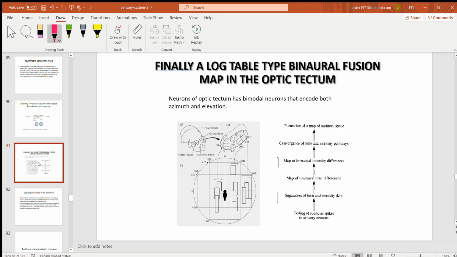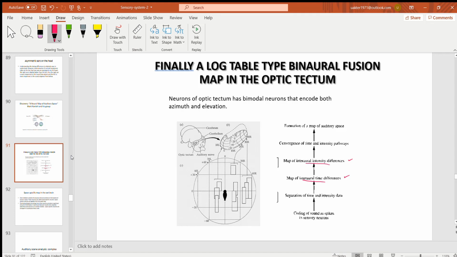And we were talking about the superior olivary neurons, medial superior olive and lateral superior olive, and those two structures have the neurons. They can calculate the interaural time difference and interaural intensity difference. So they are processed separately.